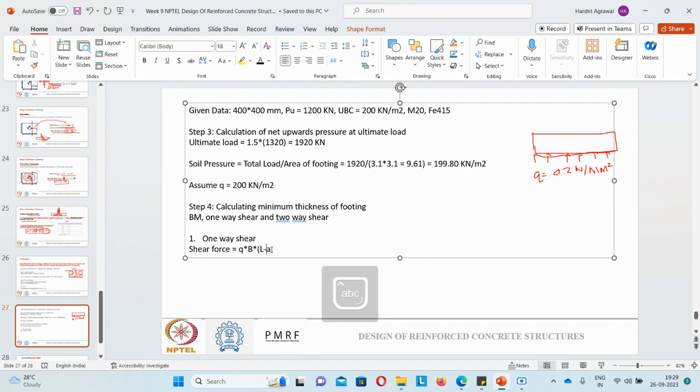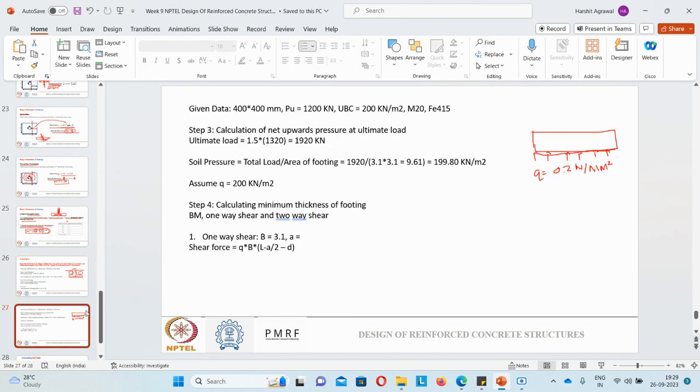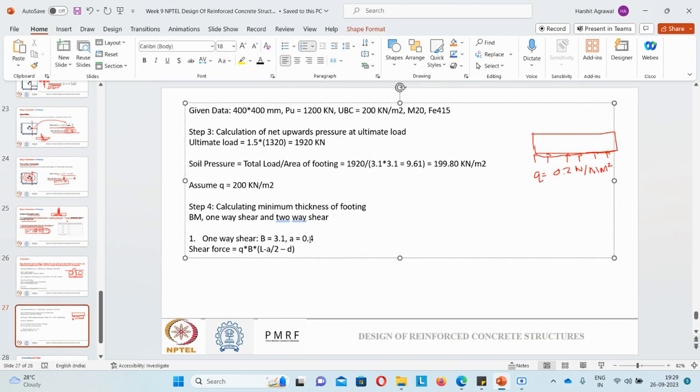Now what is my B? B is 3.1. What is A? A is the size of the column, which is 0.4 meter. And Q is known to us, Q is 200 kilonewton per meter square, or 0.2 newton per millimeter square. So we know all these three values.